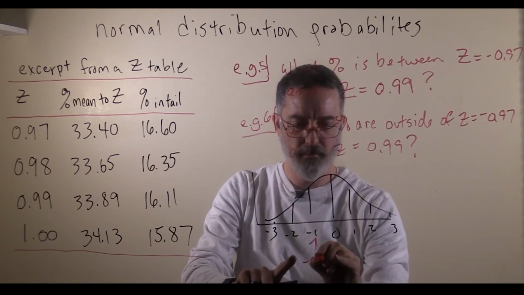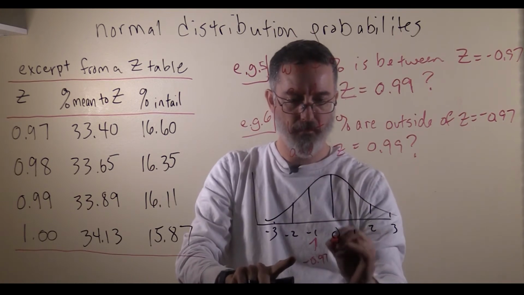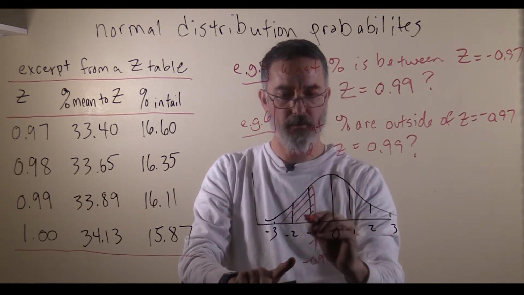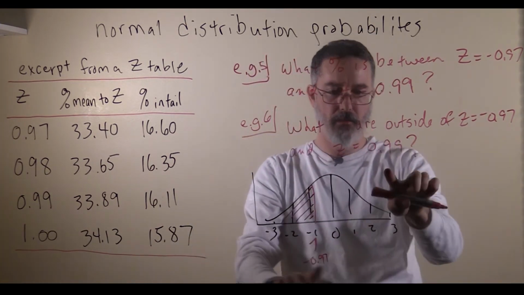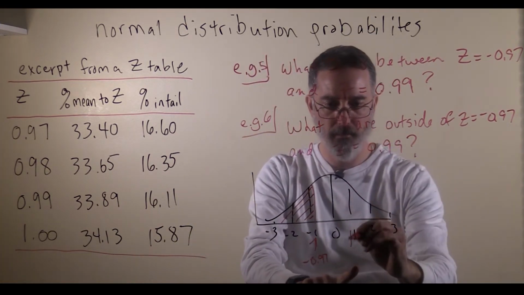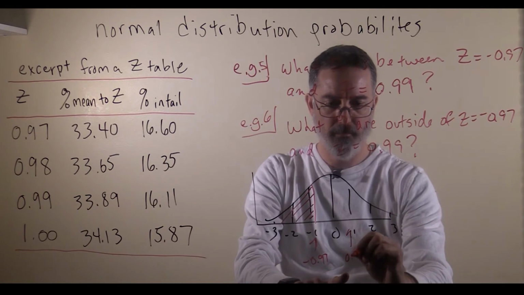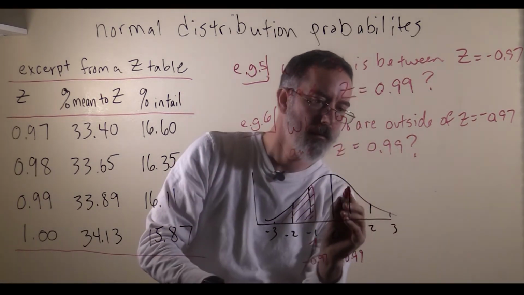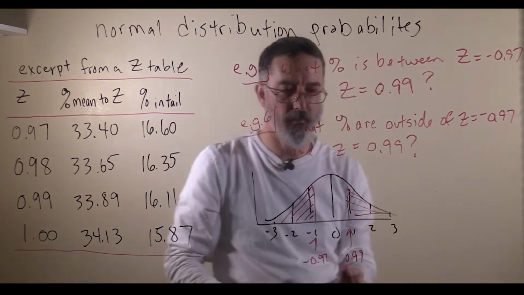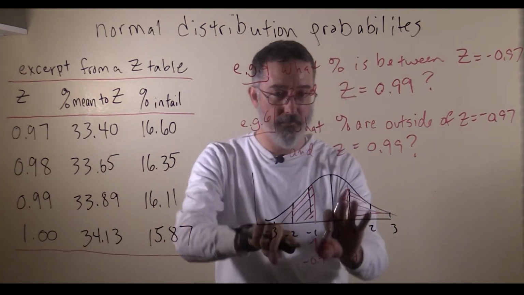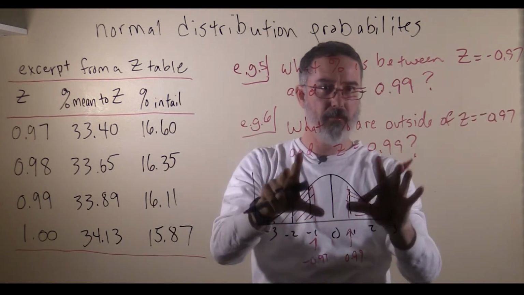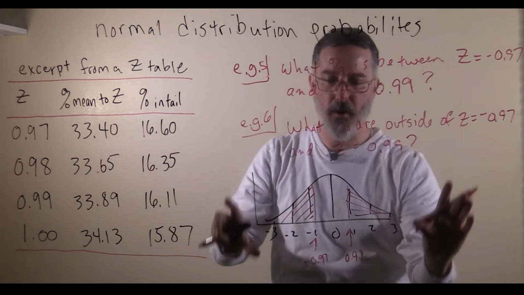Negative 0.97 is right around here. So it's outside of it, so we want all of that. And then z equals 0.99 is over here. So we want to add up all of that. Okay, so we need to figure out this half and that half separately, and then add them together to be able to answer this question.